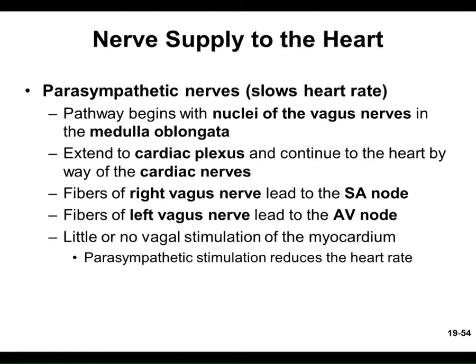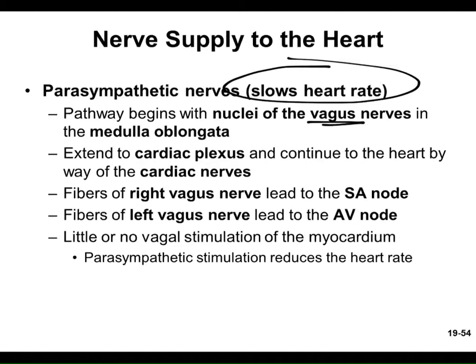Now, not only is there sympathetic going to the heart, there's also parasympathetic. These signals are, for the most part, going to slow the heart, and you know the nerve that travels down to the heart that's part of this parasympathetic signal, and that is the vagus. Okay?